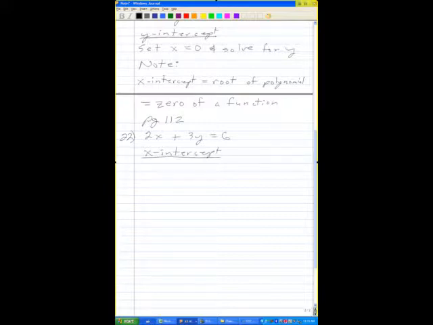Let's set y equal to 0 and solve for x. 3 times 0 is 0, and so 2x plus 0 is just 2x. Divide both sides by 2. By the multiplicative property of equality, 6 divided by 2 is 3. So the x-intercept is (3, 0).